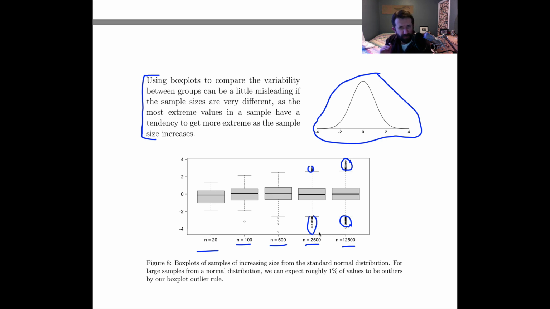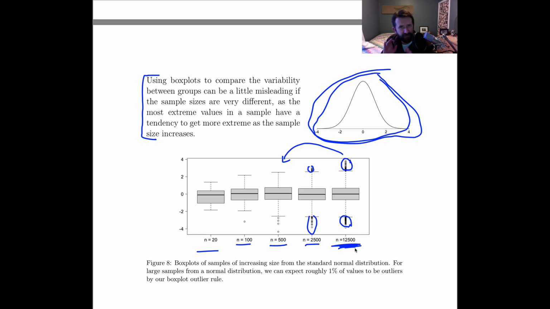And so if we're comparing something with a very large sample size to something that's a little smaller, like comparing this to this, even though overall the situation is very similar, we're going to look at this one and think, oh boy, there's a lot of outliers there. Maybe there's more extra variability or something weird going on. When in reality, nothing weird's going on. Both are samples from this standard normal distribution. It's just that this one had a lot more observations in it, a lot more chances for outliers to happen.